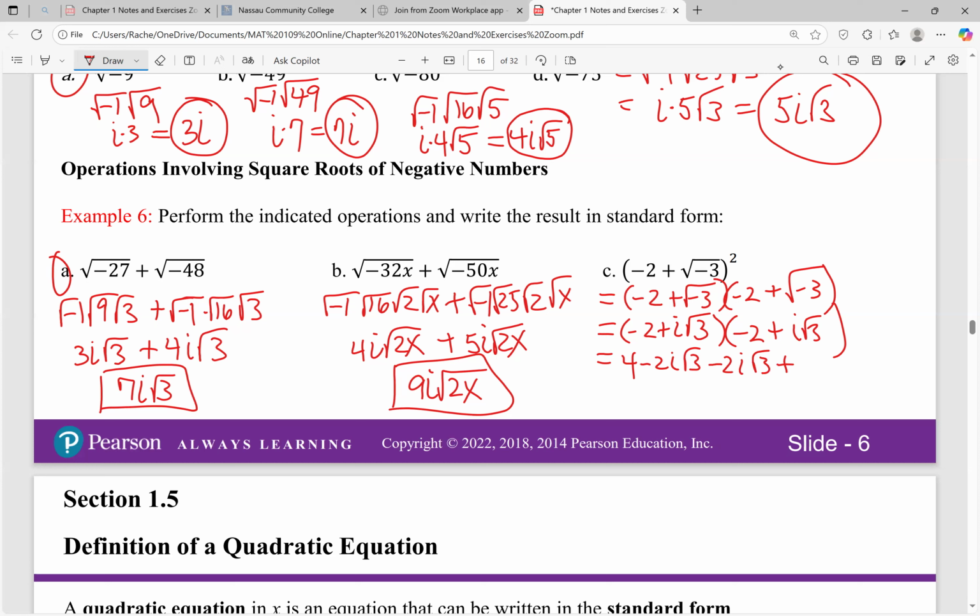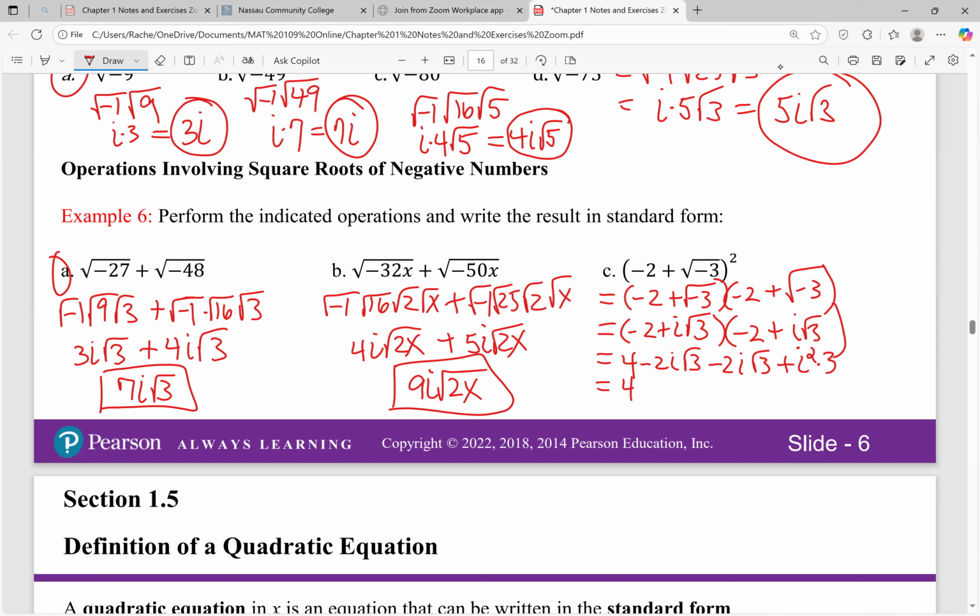And then plus my last terms, which is i radical 3 times i radical 3. So i times i is i squared. And then we're going to have radical 3 times radical 3, and radical 3 times radical 3 is 3. So that's going to be i squared times 3, or 3i squared.